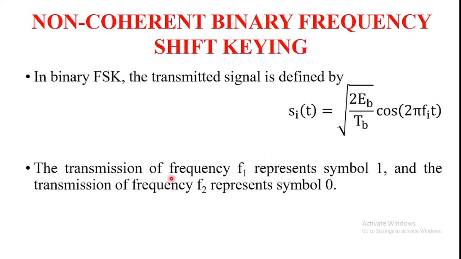Now here the transmission of frequency F1 represents binary symbol 1 and transmission of frequency F2 represents binary symbol 0. And this is the mathematical expression of binary frequency shift keying.